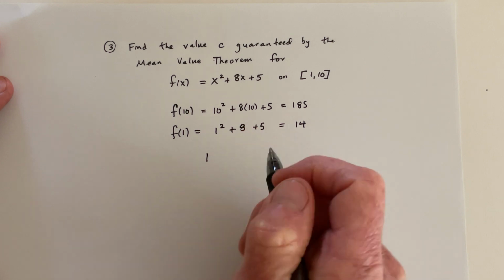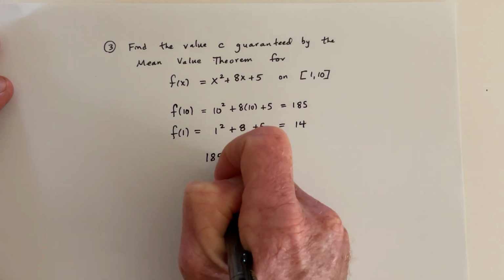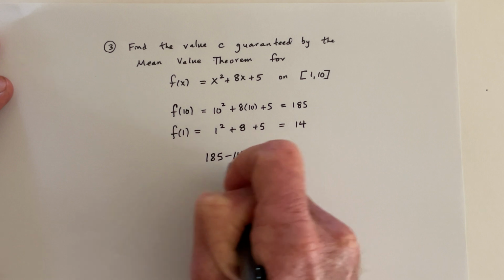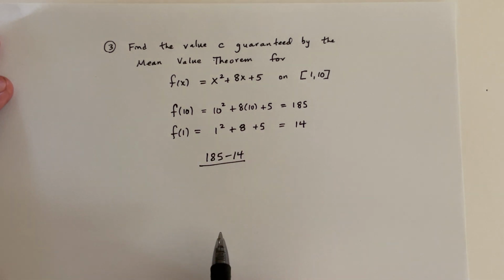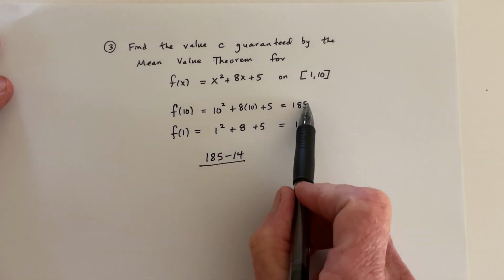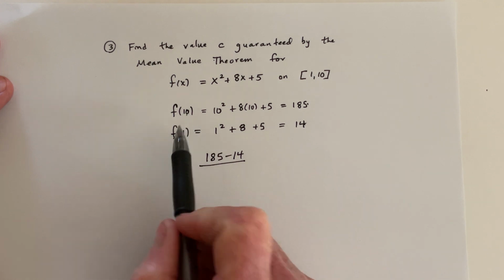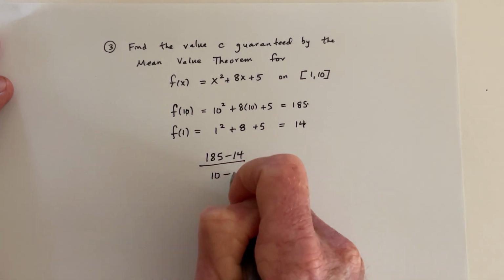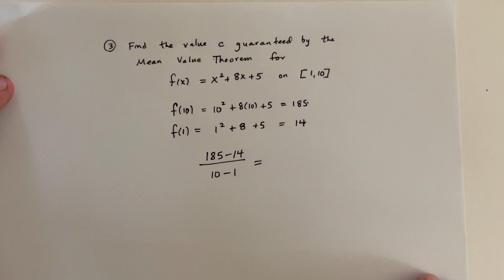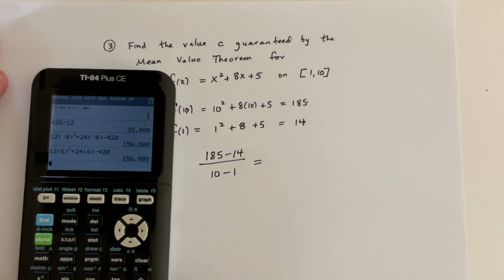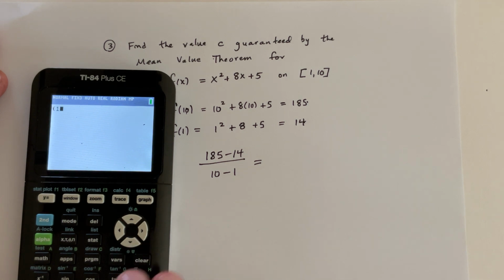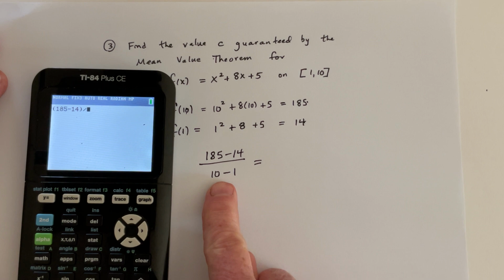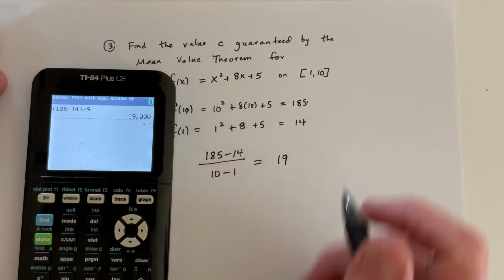So subtract the two y values, 185 minus 14 over, and then subtract the two x values. So I went this one minus this one, so I have to go 10 minus 1 to be consistent. And then see what that equals. So this is slope of the secant line. So if you take 185 minus 14 and divide by 9, that happens to equal 19.